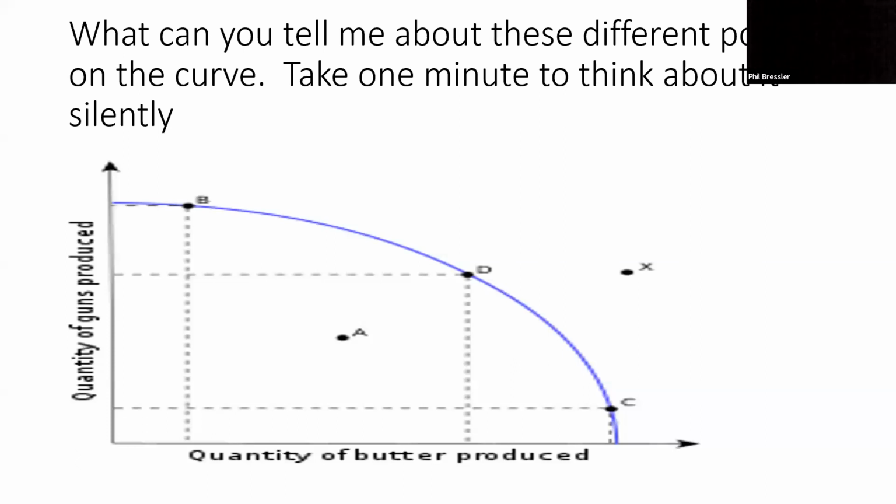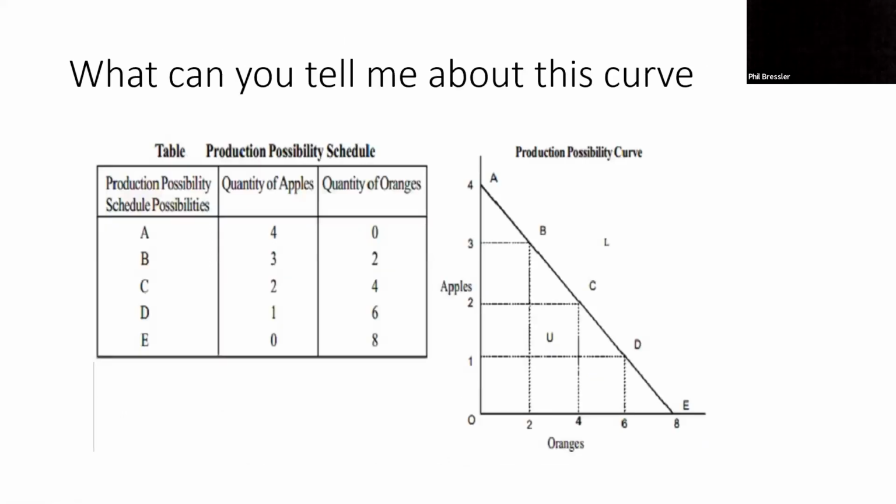All right. And you guys nailed that. Now, when you see a straight line with A, B, C, D in it, what can you tell me about this production possibilities curve?